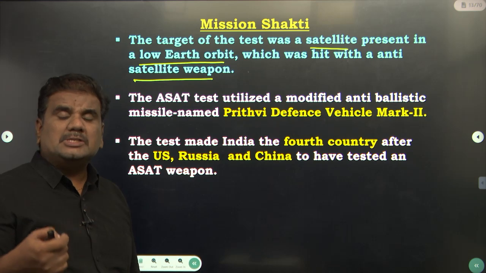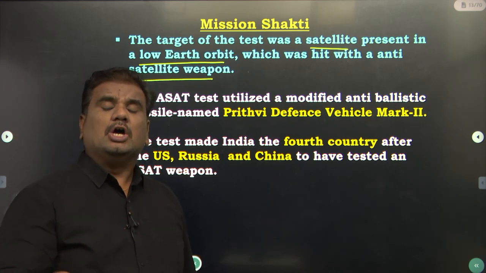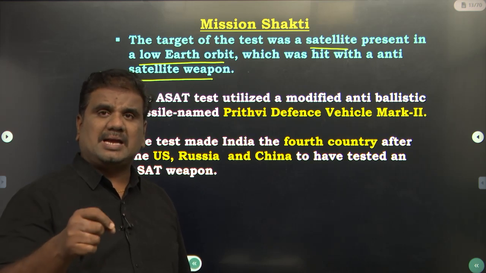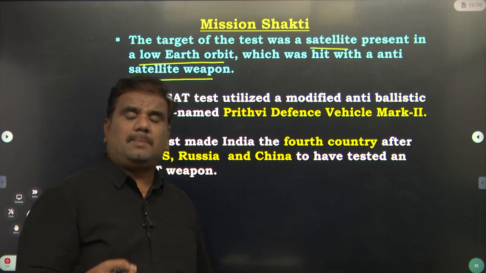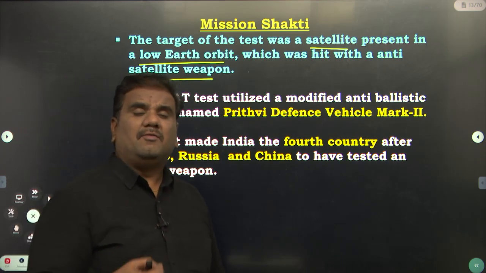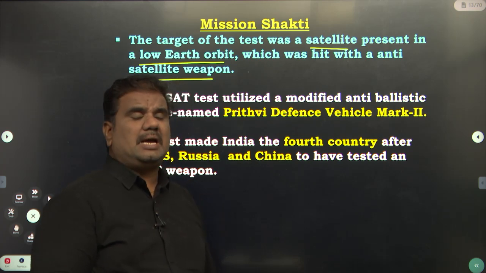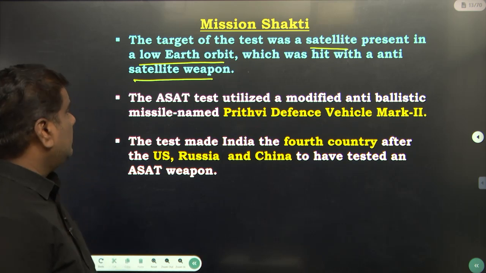The weapons used for destroying huge tanks and vehicles, we call anti-tank. The weapons used for destroying fighter planes, we call anti-aircraft. And the weapons used for destroying satellites, we call anti-satellite weapons.